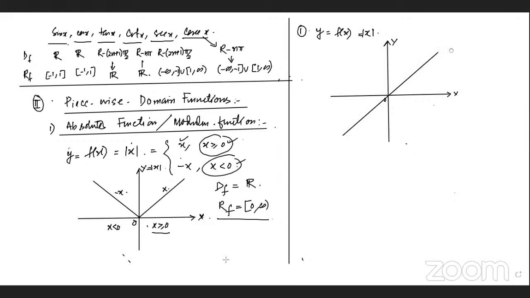Okay. Now, if we have to draw the plot for the modulus of x, what you will do is take the reflection of this line segment, the portion from minus infinity to 0. You will take the image of this about the x-axis, and its image will be this.